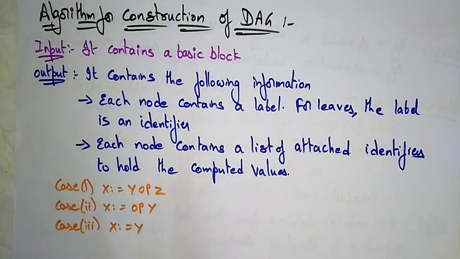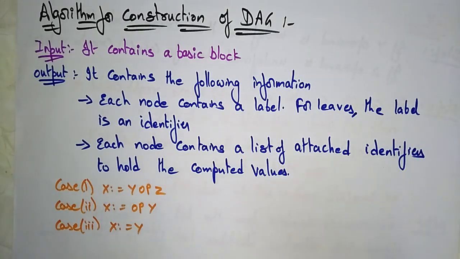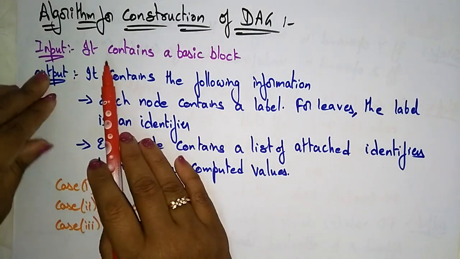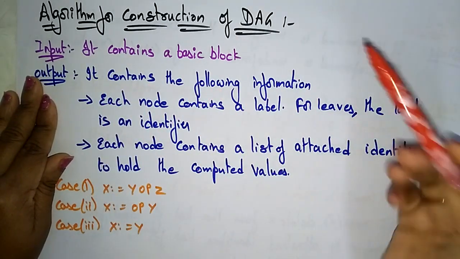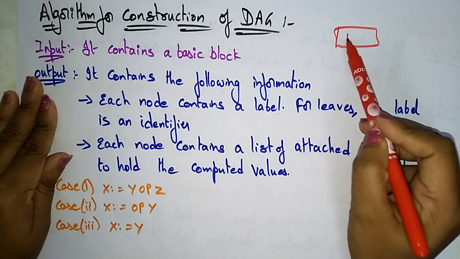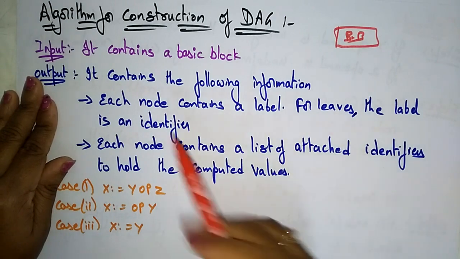What inputs do you need to take, what is the output, and what steps do you have to follow to reach the output from the inputs? Input: it contains a basic block. I said the DAG will take the basic block to optimize the expression.